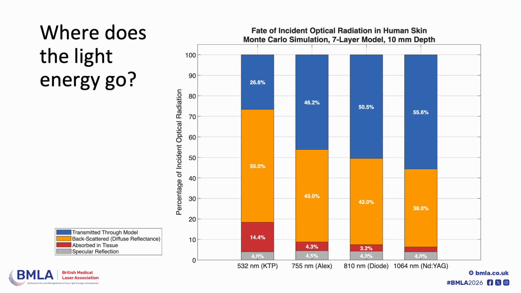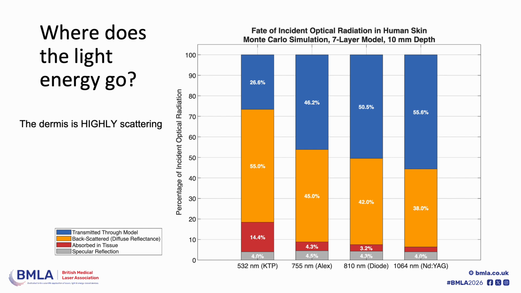So it can go laterally to the sides, or it can go deep to below the 10 millimeter baseline that we use for this particular model. That's all the blue stuff, and you can see it's quite a lot of light, particularly in the 1064 wavelength. We lose about 55.6% of the light just purely through transmission.